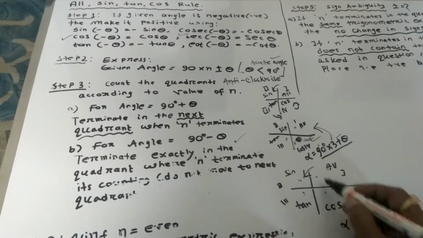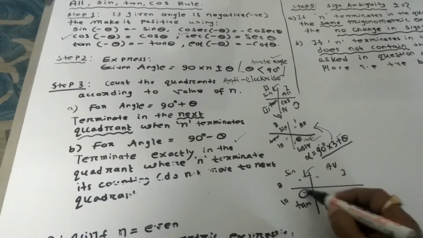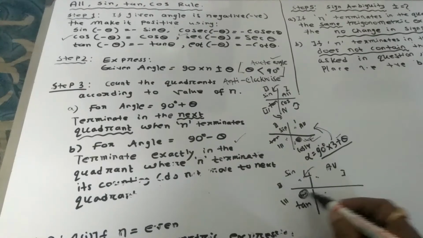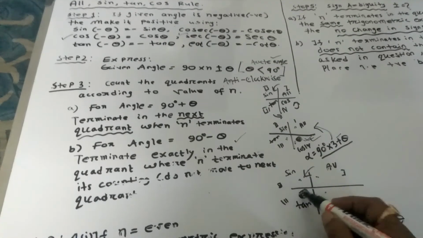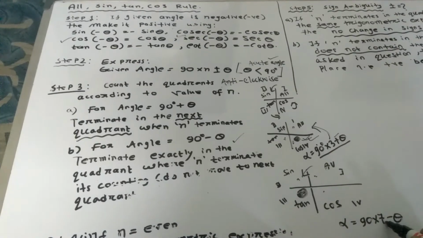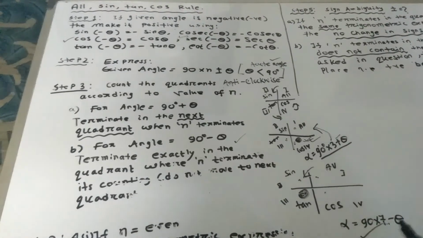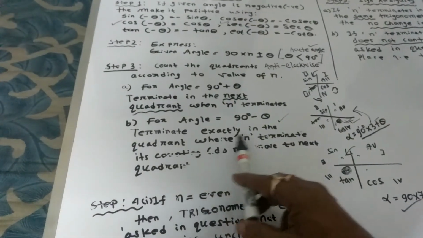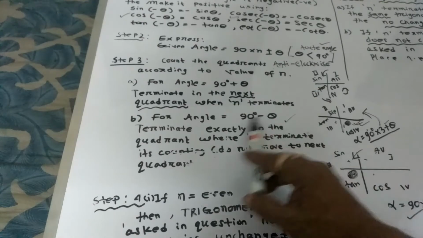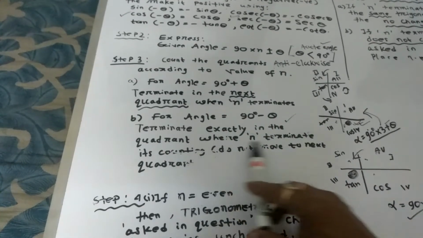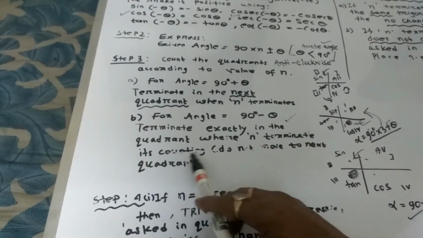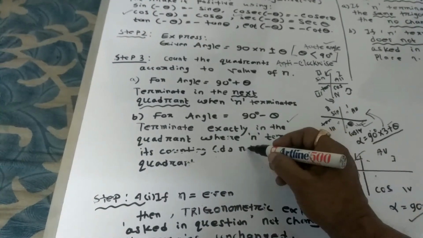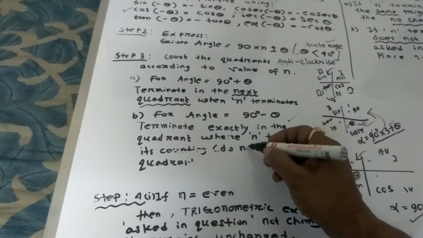We ended our counting at the third quadrant, so there is no need to go to the next quadrant as there is a minus sign. We have to stop there. You have understood. So for minus, you have to stay in the same quadrant, with no need to move either side.